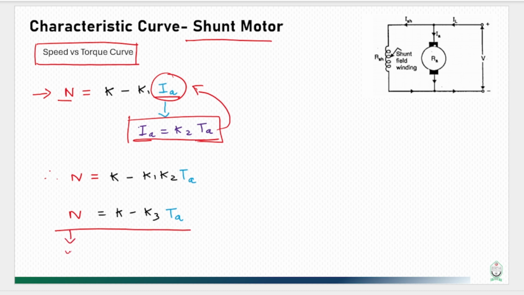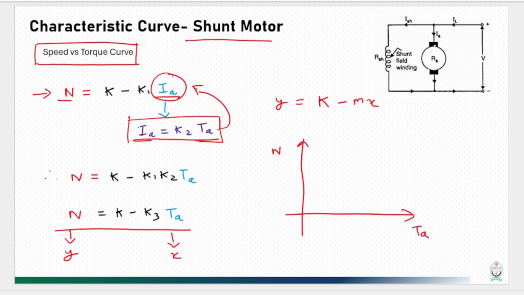If we plot N in the y-axis and torque in the x-axis, this is all the same. Let's say we are putting it as a bigger K minus mx. So the relationship between the speed of the motor and the armature torque holds a similar kind of characteristic curve.